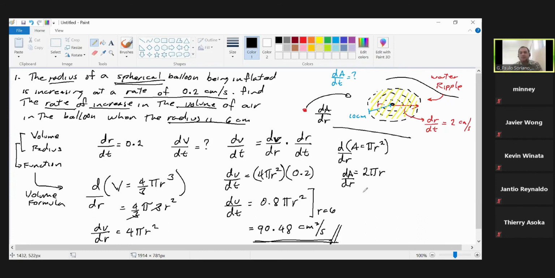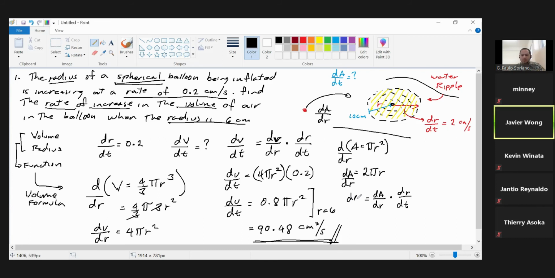We use this in geometry. But dA/dr is equal to 2 pi r, right? So our working formula this time is dA/dr times dr/dt, which will give us dA/dt.